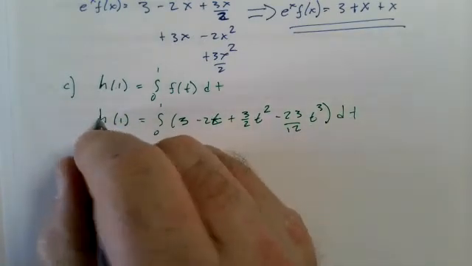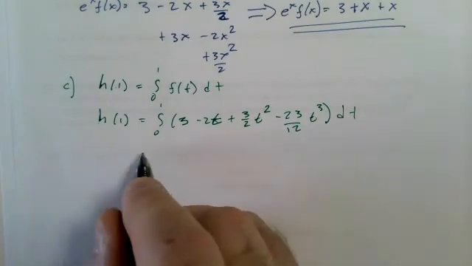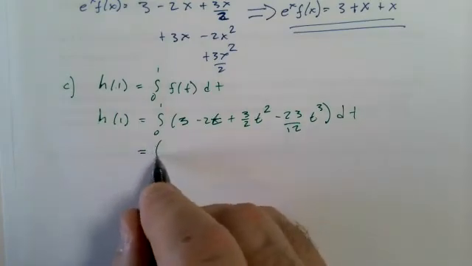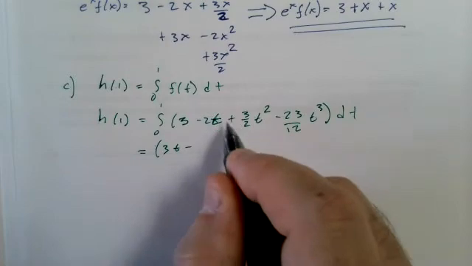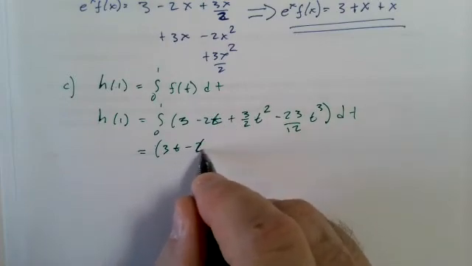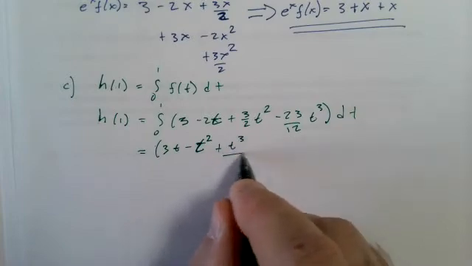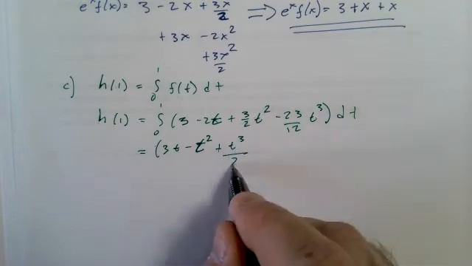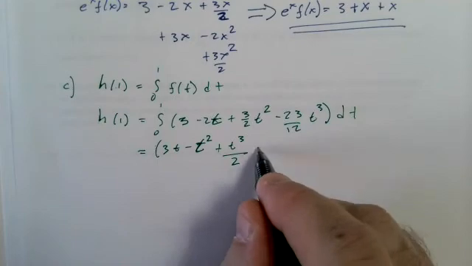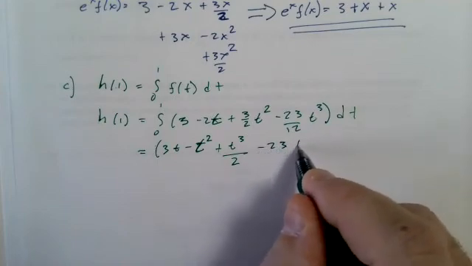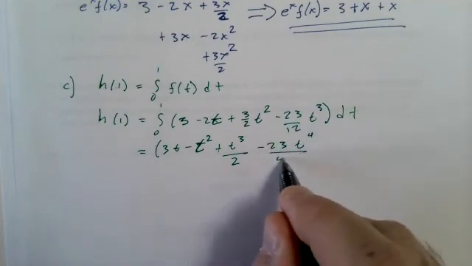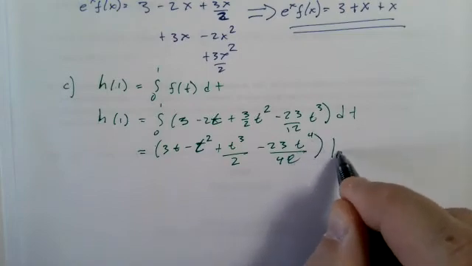But I'm the teacher, I'm supposed to do things correctly, supposed to being the key word there. Integrate 3t minus 2t squared over 2 is t squared plus t to the third over 2 minus 23 t to the fourth over 48, 0 to 1.